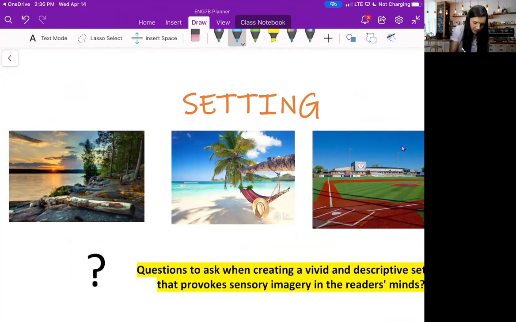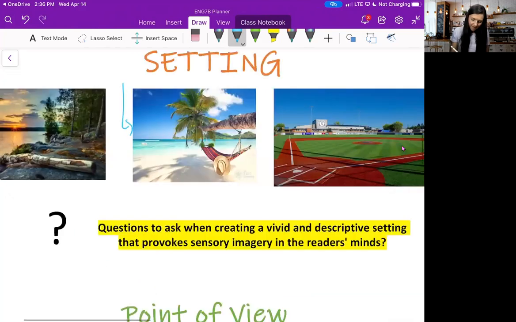For this middle picture here, if I just said the beach, that's not really doing this photo justice. So that means you need to create vivid and descriptive settings that provoke sensory imagery in the reader's mind. Okay. That means that you need to use details when describing your setting.